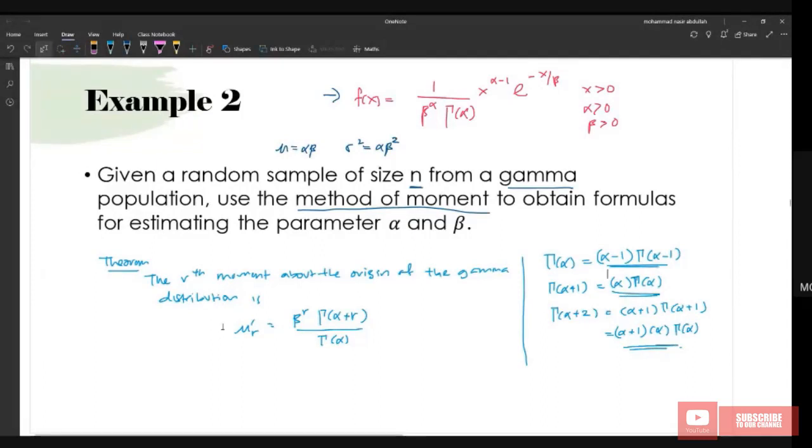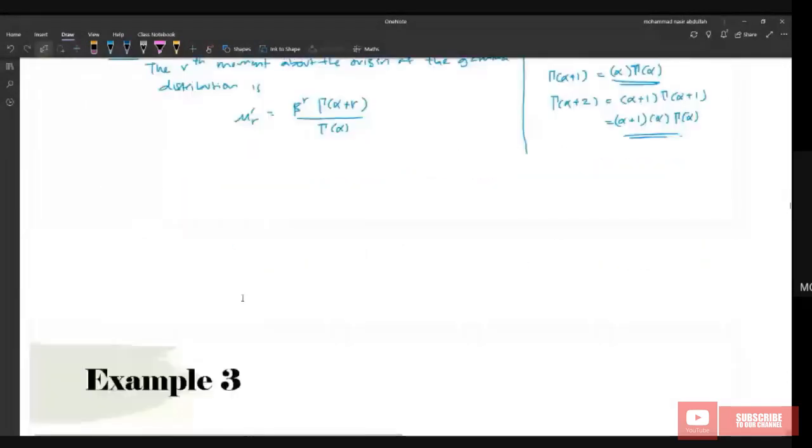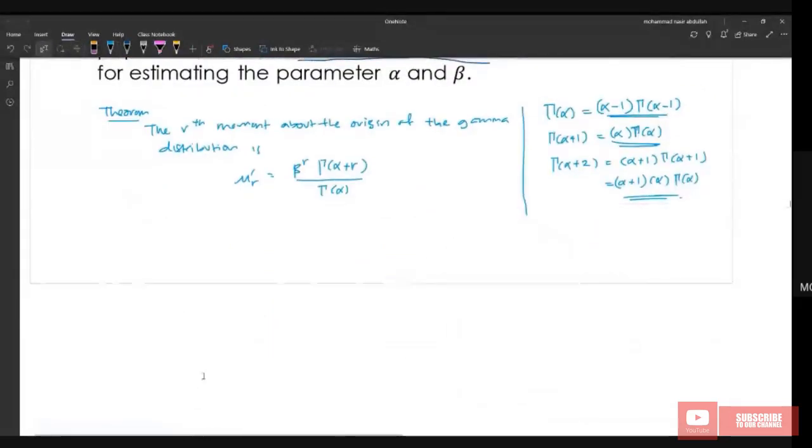So now to solve the problem, based on the theorem of moment about the origin for the gamma distribution, mu1 prime is equal to beta to the power of 1 gamma alpha plus 1 divided by gamma alpha, which is equal to beta alpha gamma alpha divided by gamma alpha.